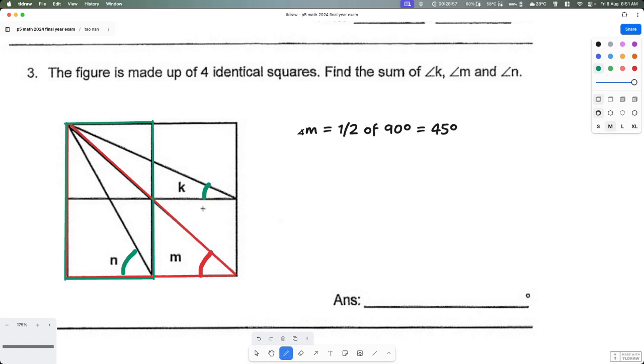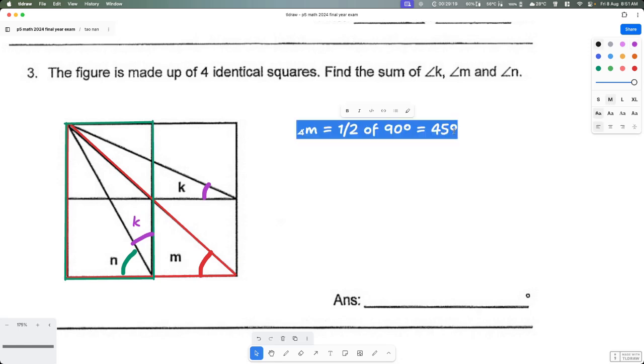And K, I'm going to make this purple, is also here actually. So K is actually over here as well.